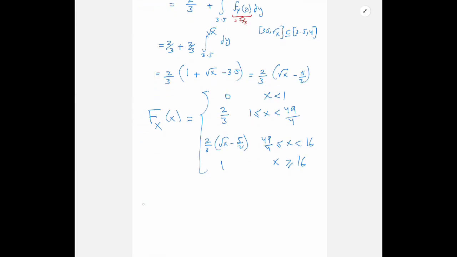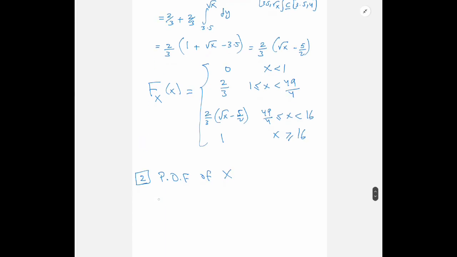So part 2, calculate the probability density function of X, which is simply the derivative of the CDF of X. And here we have to be careful because this function may not be continuous for all x. So let's check.